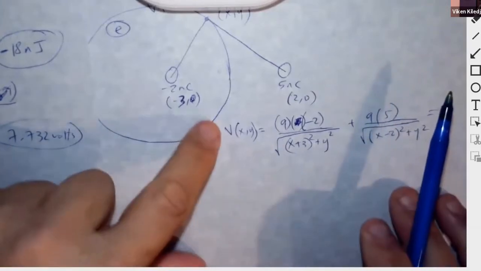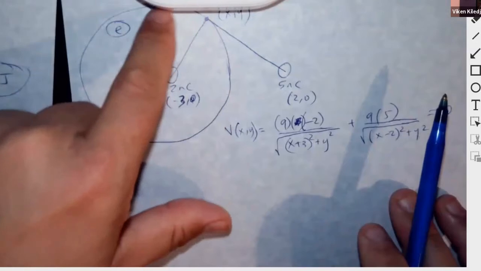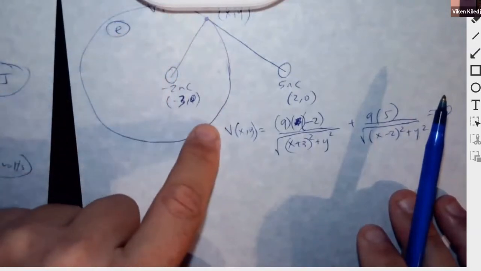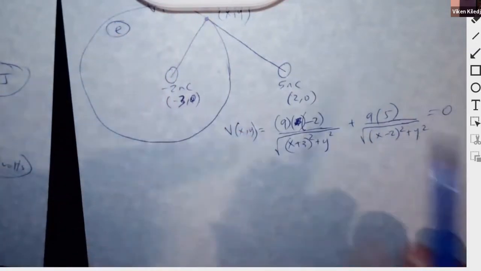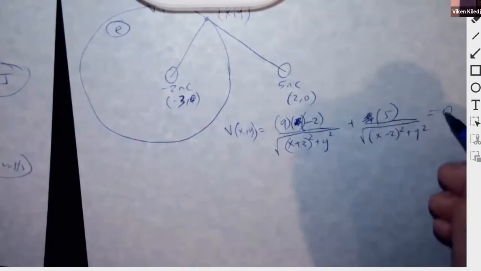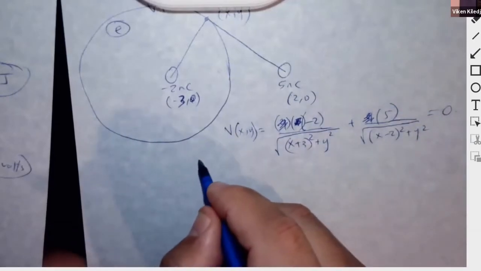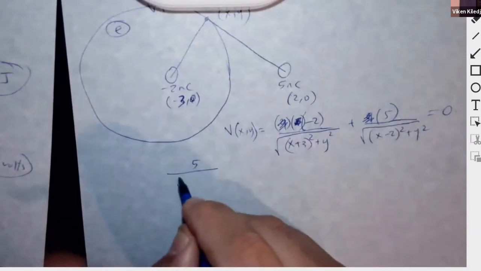It's probably a circle, right? It looks like a circle, but it might be an ellipse. Well, let's find out. Okay, so then the 9 cancels. So what do we do with this? We can take this to the other side.